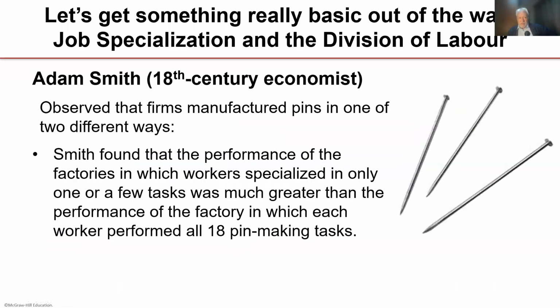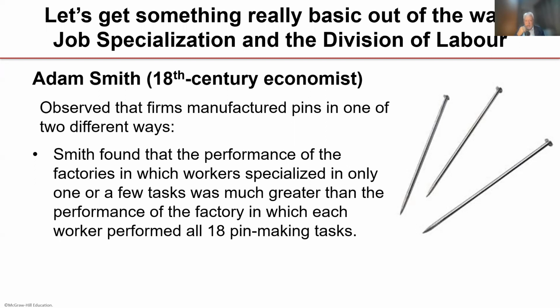So we had this bloke, Adam Smith, in the 1700s, 1770 or thereabouts, a philosopher and an early economist, as it turns out. And he was just puzzled at the way some firms were better than others. So he went and studied a pin making factory.